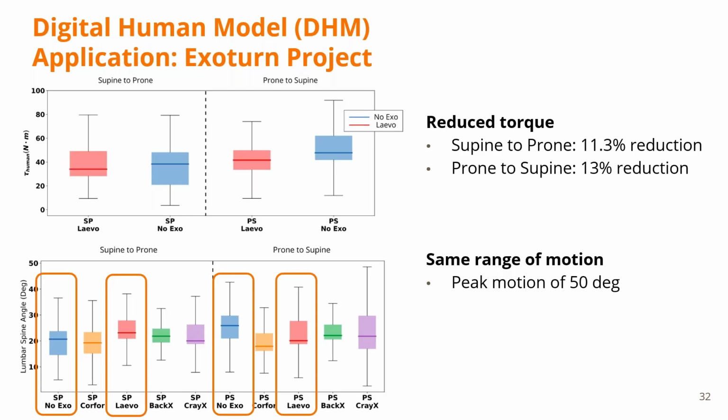The other thing I have to say here is that these results should be taken with a grain of salt, as the exoskeleton itself was not added to the physical simulation in this study, and its weight could have had a significant impact on the result.